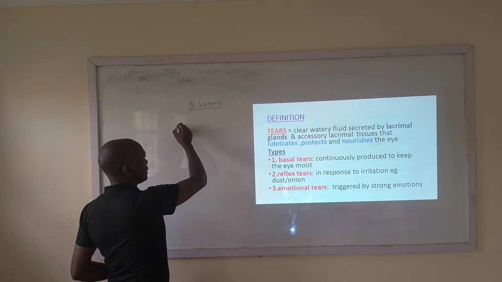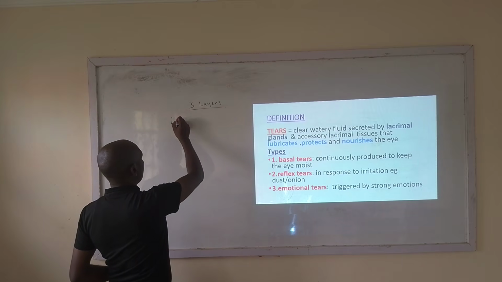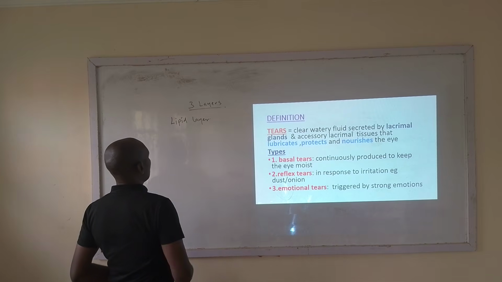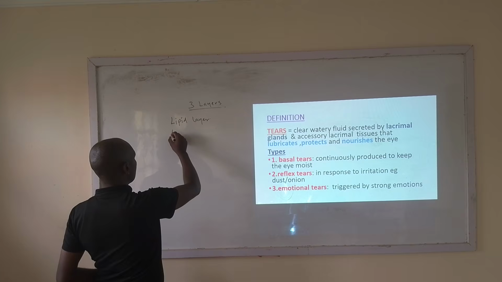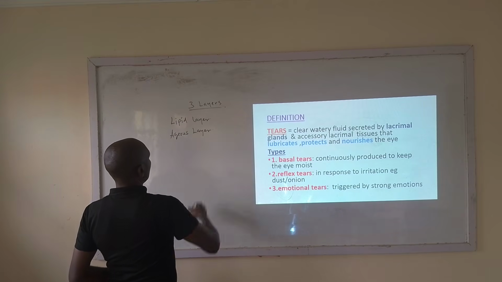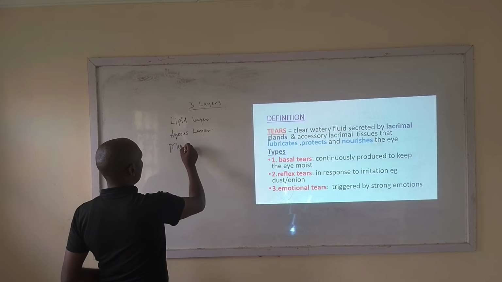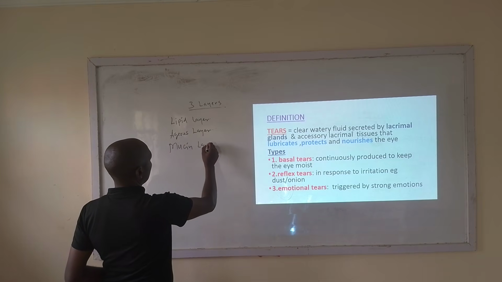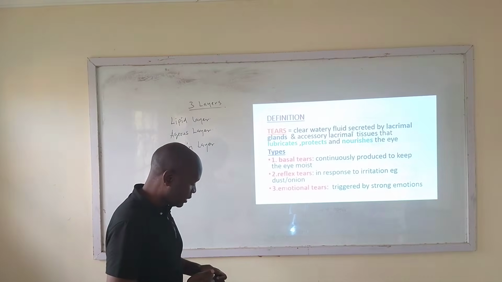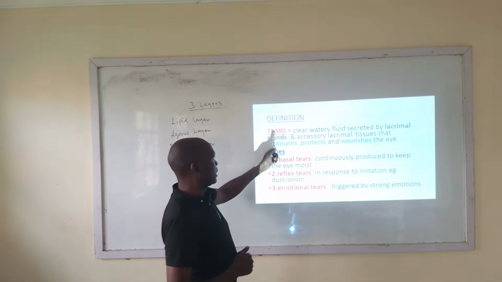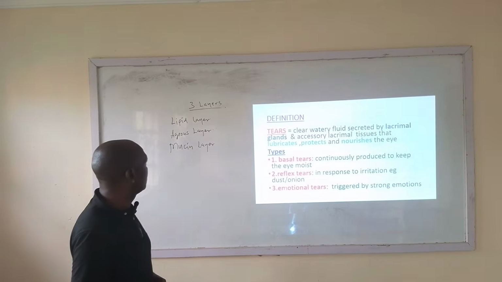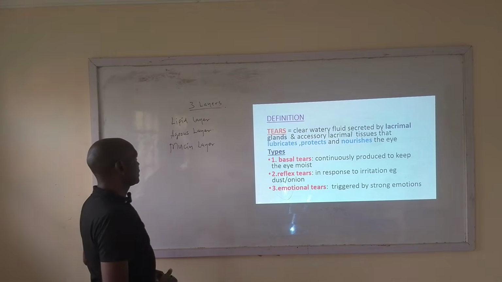of which the first layer is the lipid layer. Then the middle layer is known as the aqueous layer. And then we have the mucin layer. So the clear watery fluid that we refer to as tears, which is found on the surface of the eye, has got three layers.